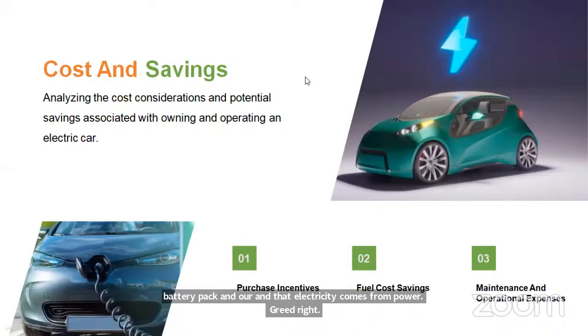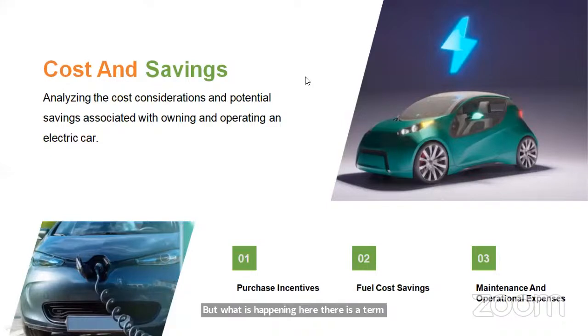But what is happening here? There is a term called well to wheel efficiency. Once you compare these two, IC engine and electric vehicle, we will come to know. In an IC engine, the efficiency from the well, meaning from where we get the fuel like petrol and diesel, then refining, then going to your fuel tank, then conversion of power from fuel tank to engine, and then engine to your wheel.